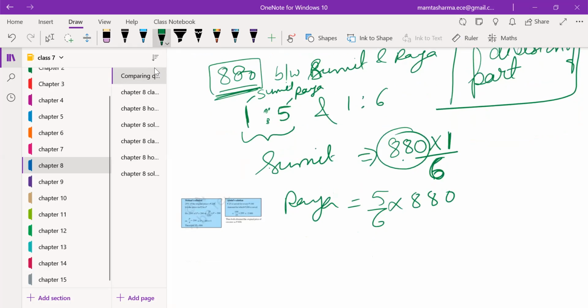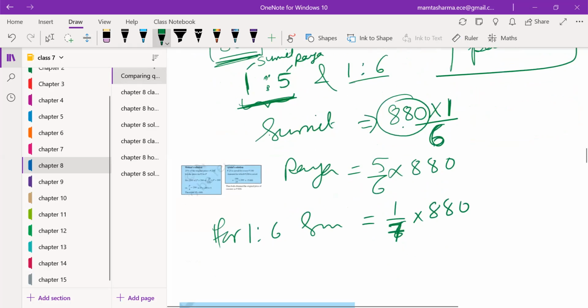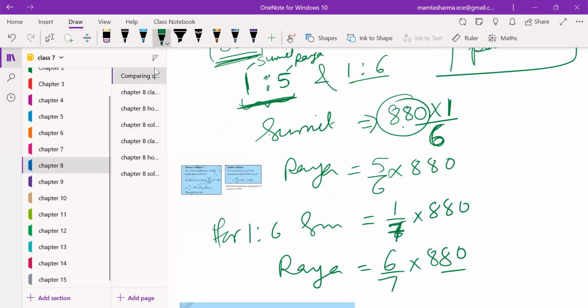Okay, this is the division for 1 to 5 ratio. Now for the 1 to 6 ratio, the Sumit part will be 1/7 into 880, and for Raya, it would be 6/7 into 880. Understood?